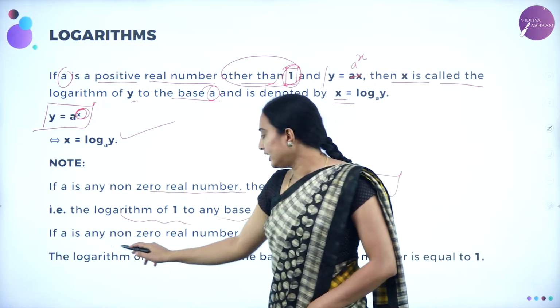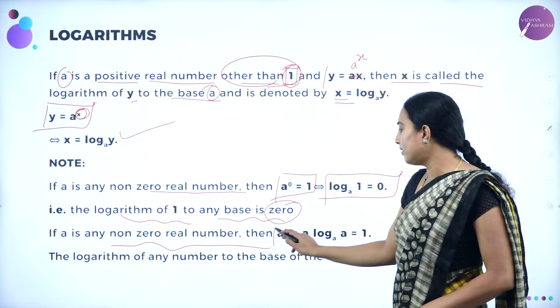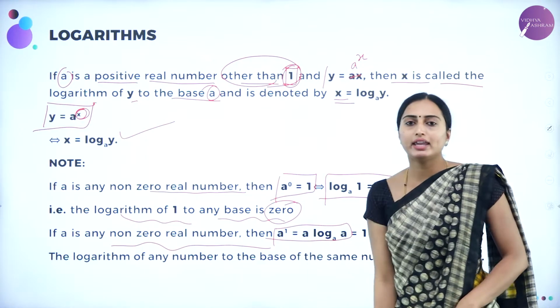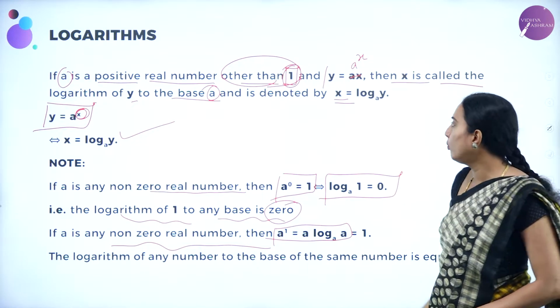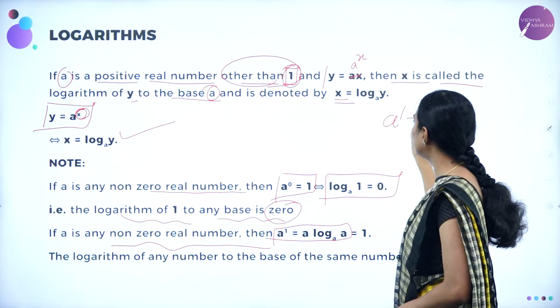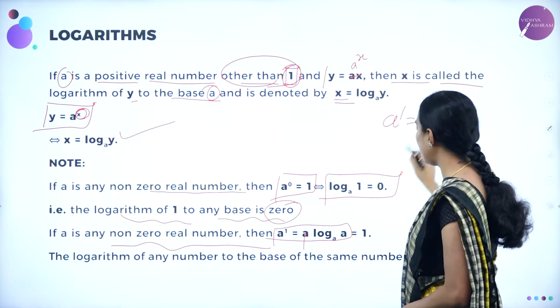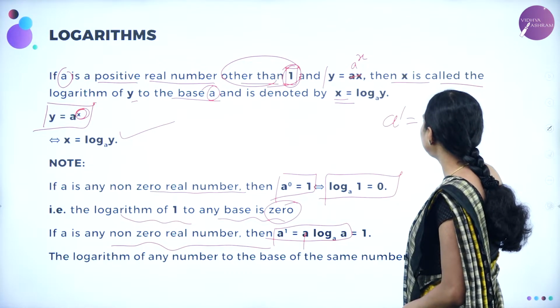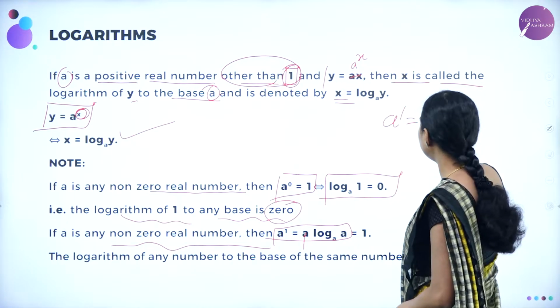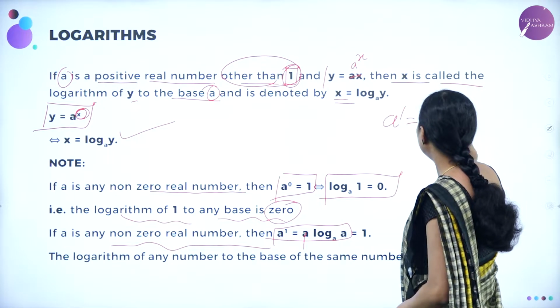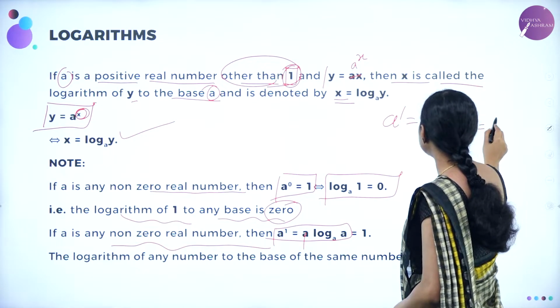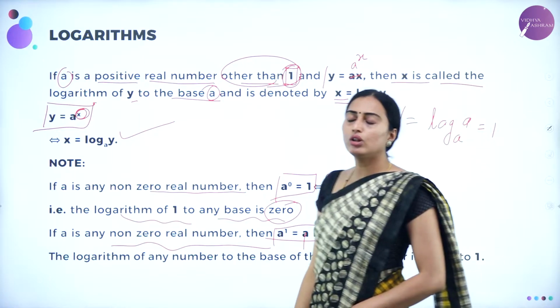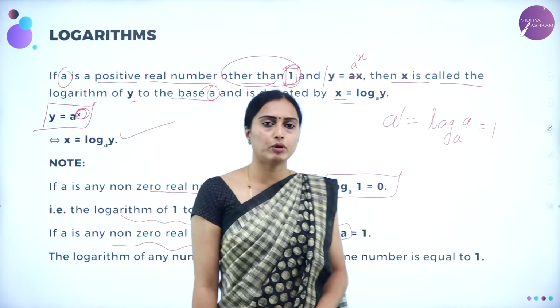Next, if a is any non-zero real number, then a power 1 is equal to a, so log a to base a is nothing but 1. Here, a power 1 can be written as log a to base a, which is 1.